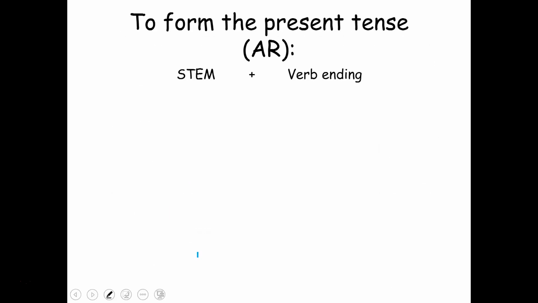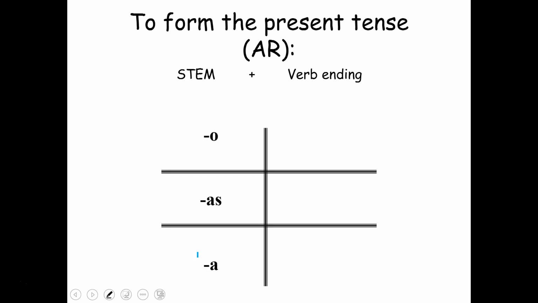To form the present tense AR, we have the stem plus the ending. So o, as, a, amos, an. And as you know, these endings will be for different pronouns. So this one is yo, tú. Sorry for my beautiful handwriting, it's very difficult to do it on a laptop.